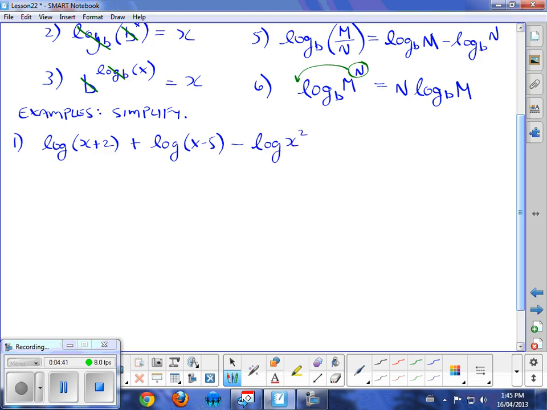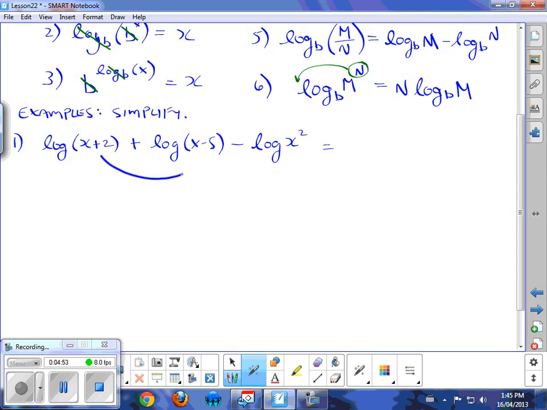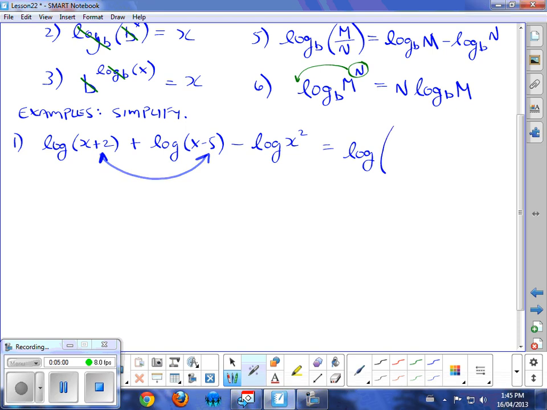So if we end up with an expression like this, sometimes it's easier if it was simplified and more compact. So using the properties from above, anytime you have addition, we know that the 2 arguments are going to be multiplied together. So the result will be the log, and I'm going to cheat here, I know what it's going to look like.